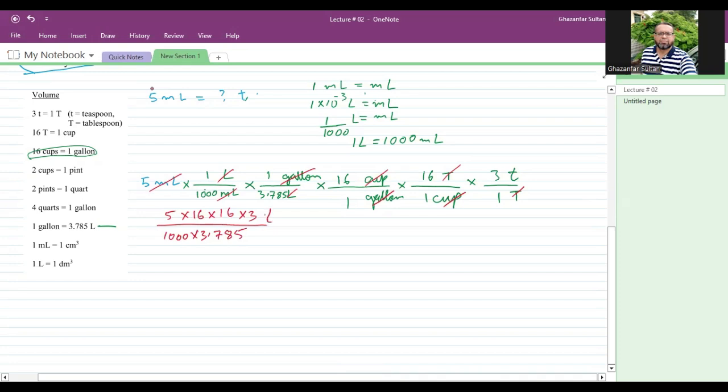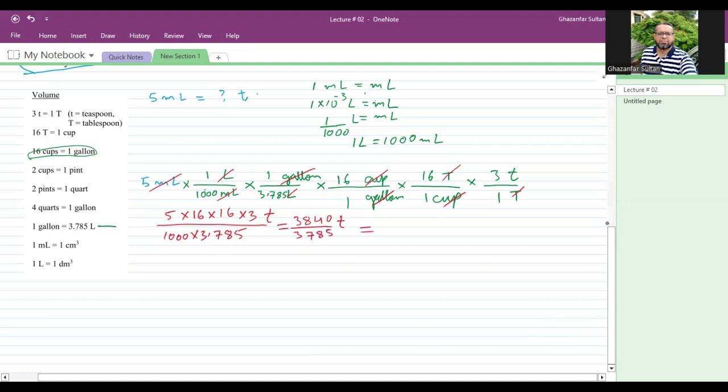It was the unit small t, that is teaspoon. And we can calculate this by using a calculator. So by using the calculator, we got 3840. And here, this is 1000 multiplied by 3.785, so it is 3785.